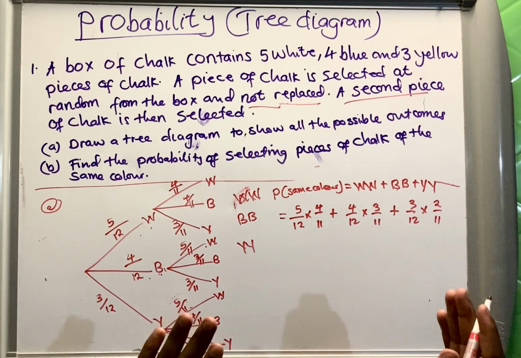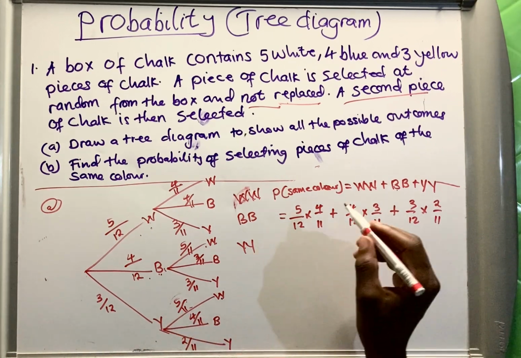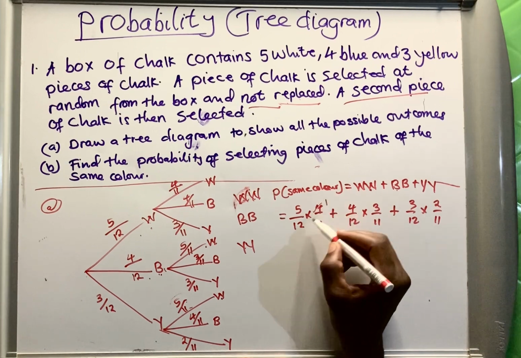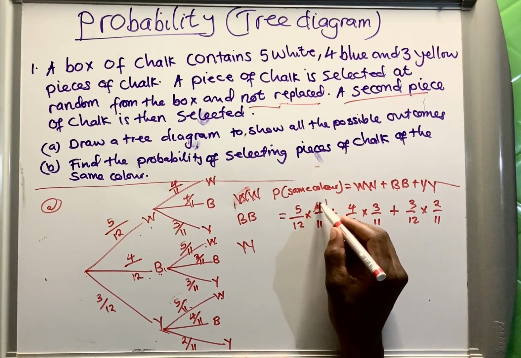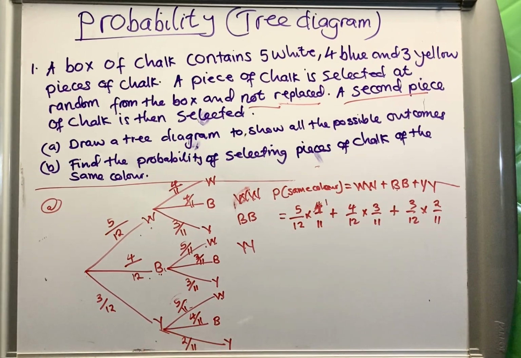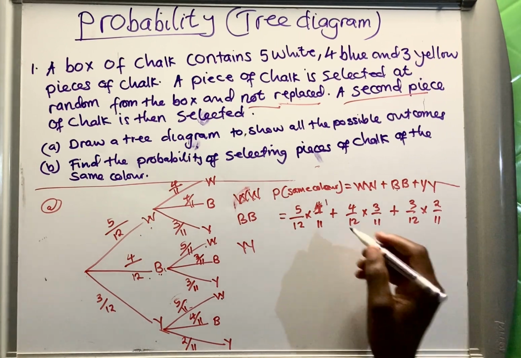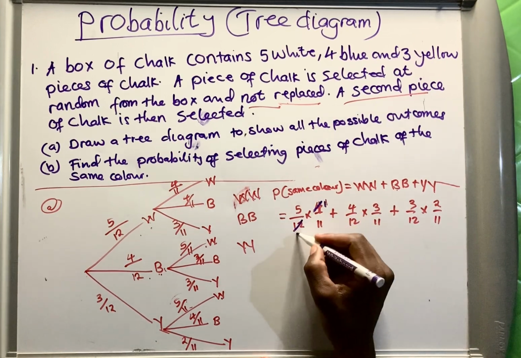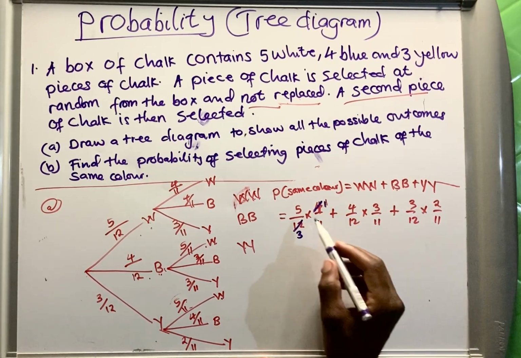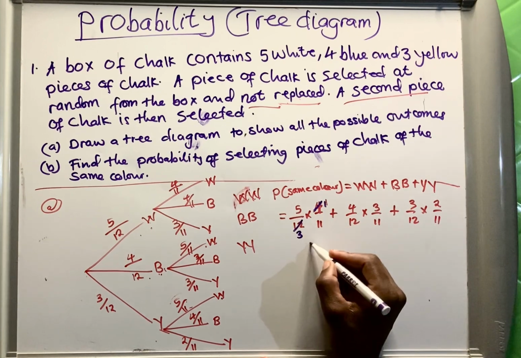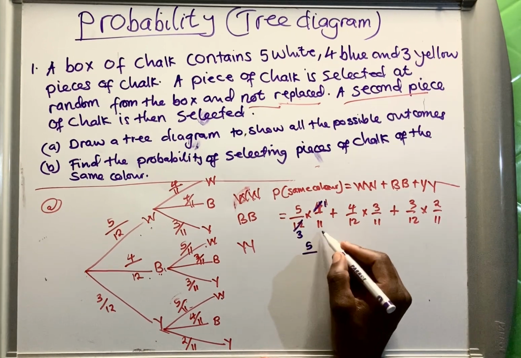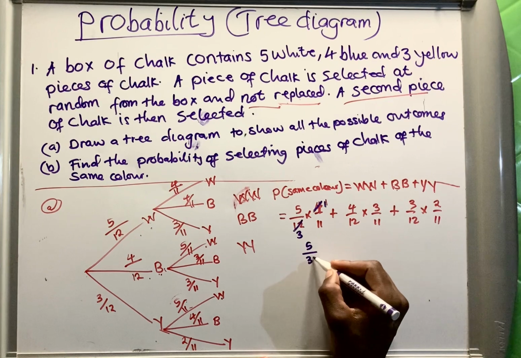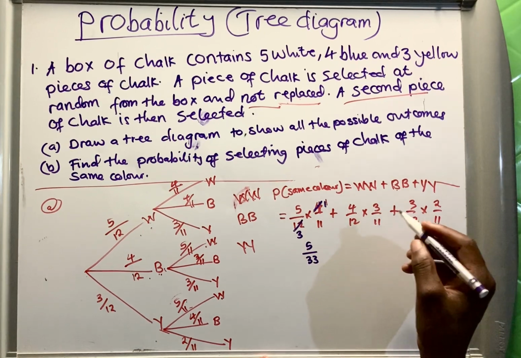Then we start simplifying where possible. Okay, so 4 there, it's 1. Okay, let me use a different color. 4 here, 1. 4 here is going 3 times. Okay, 5 times 1, it is 5 over 3 times 11, which is 33. Here we can also reduce.